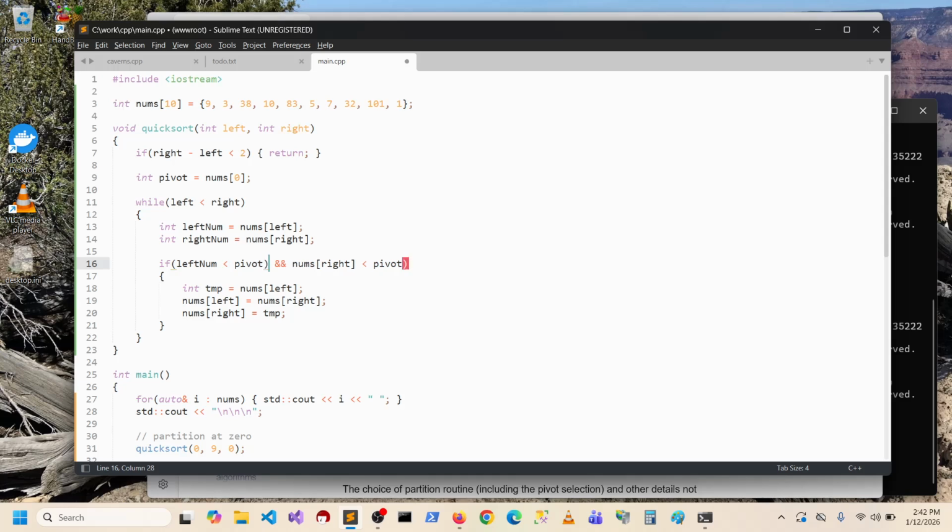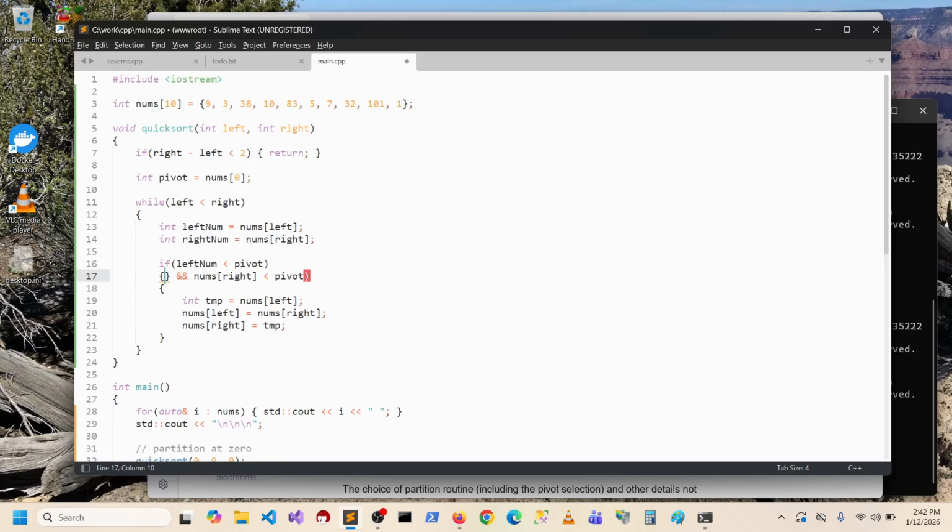So if left is less than pivot, we don't need to do anything there. Or equal. No, I guess we could do that. So if left number is less than pivot, then it's already on the right side, so let's do that.